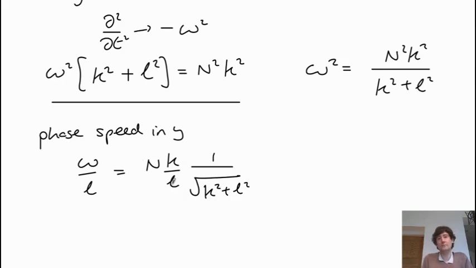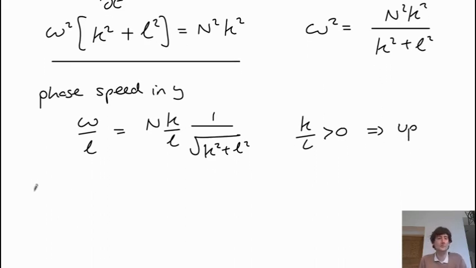And so if k and l have the same sign, so k over l is greater than 0, then we have a positive phase velocity, so a phase speed going up. So it's going upwards.